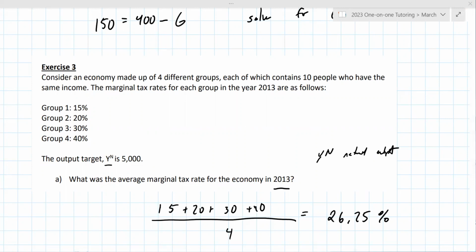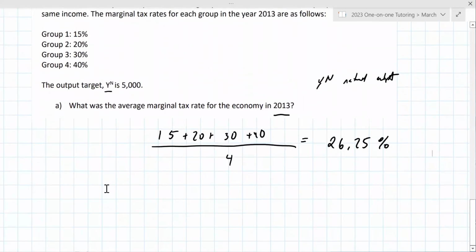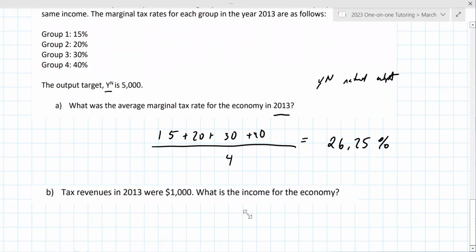Okay, part B is the tax revenues. Tax revenues in 2013 were $1,000. What was the income for this economy?